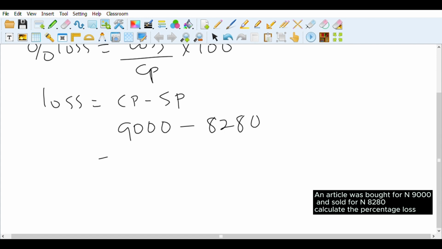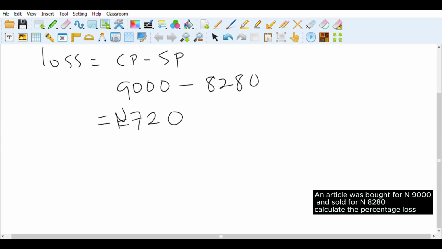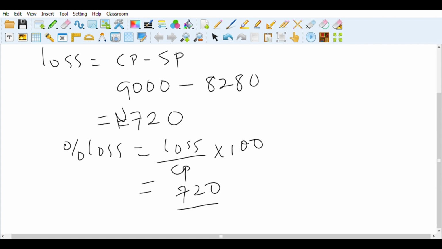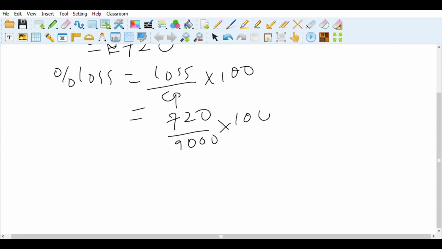I know we've done this part before where we got 720 when we do that subtraction. So our loss alone is 720, but then we're looking for percentage loss. Percentage loss will be the loss over the cost price times 100. Okay, our loss is 720 over the cost price, 9,000, and then multiply it by 100.